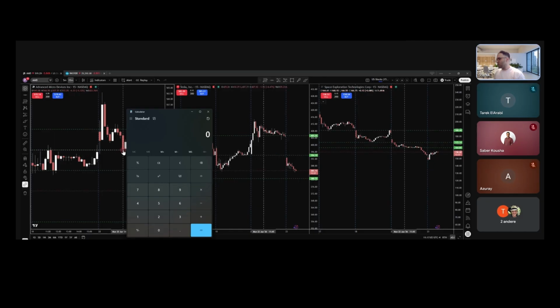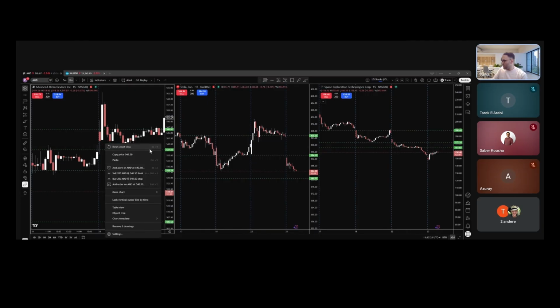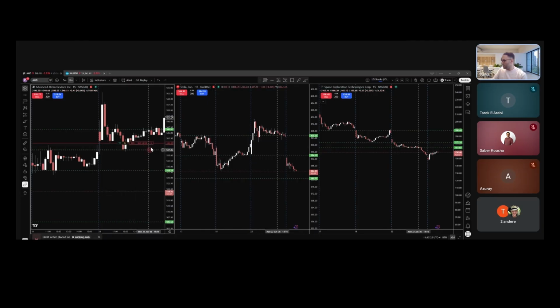It got rejected. Come here, and the wick's getting smaller. But since I know AMD is very volatile here, I didn't want to risk too much here, but also not to let the opportunity go. What I did was this. I put my limit order below the wick here.